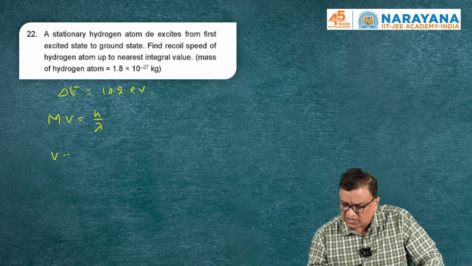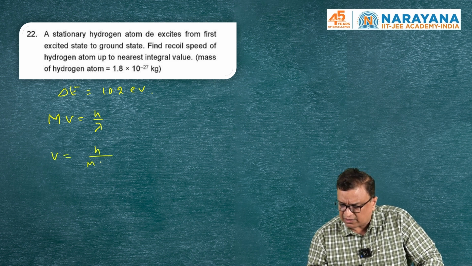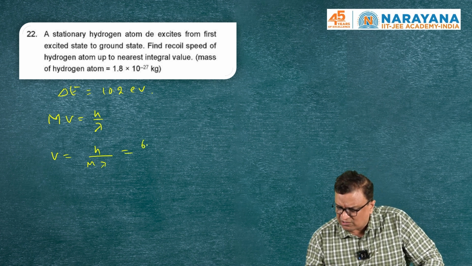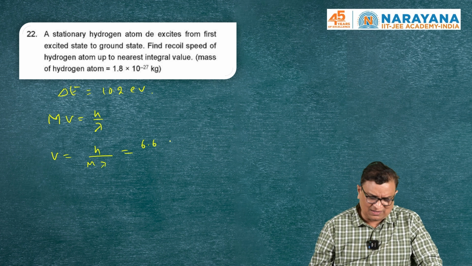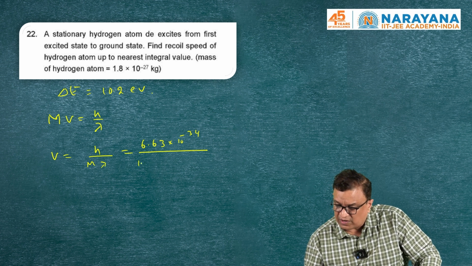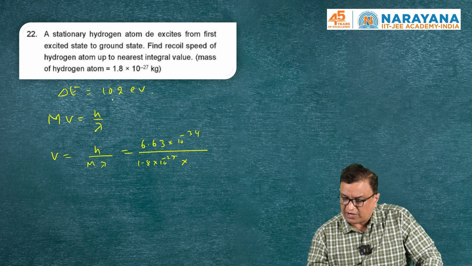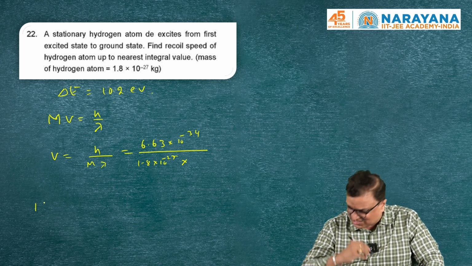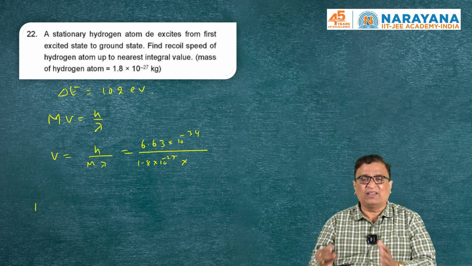Approximately v is h by m into lambda. So just substitute the value: 6.63 into 10 to the power of minus 34 divided by mass 1.8 into 10 power minus 27 into the lambda equivalent to 10.2 electron volt. Don't rush. Please don't rush in doing that calculation.